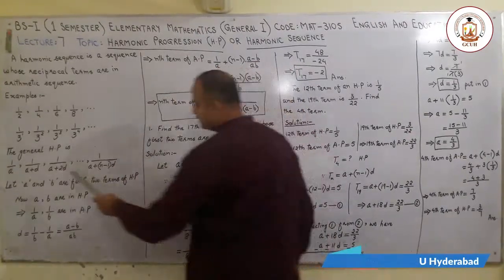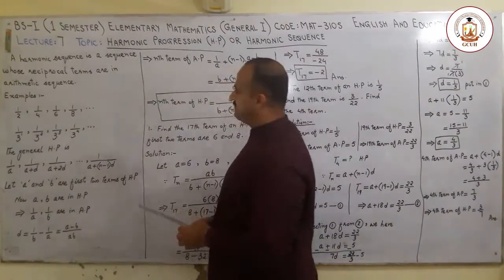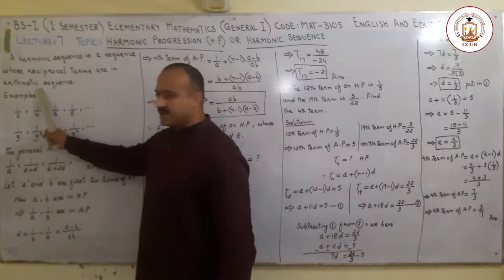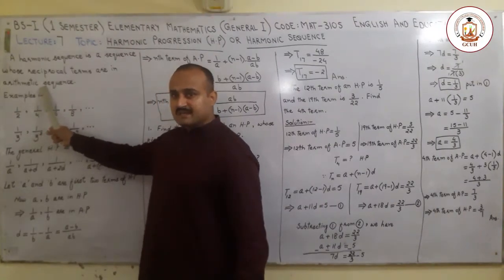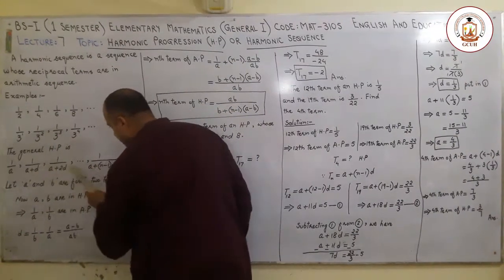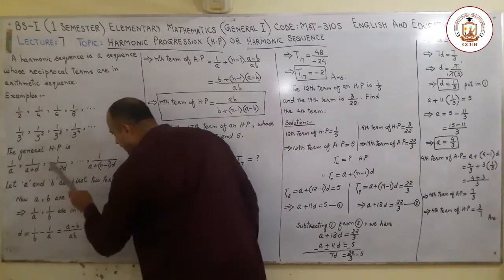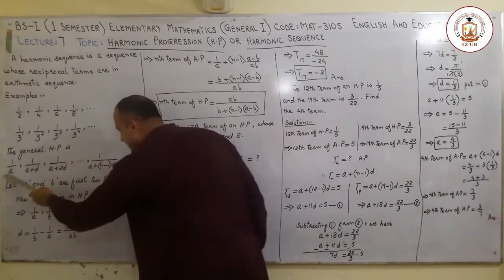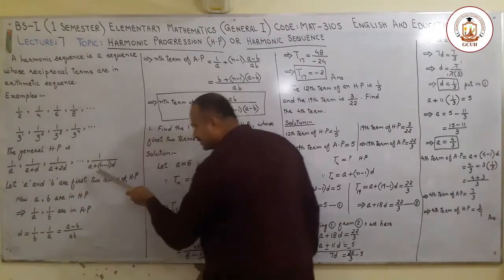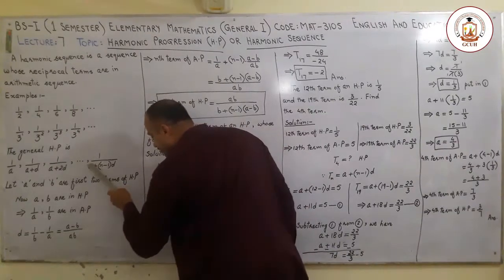Now we have general term of harmonic progression. As I have already cleared you that here we will use the terminology of arithmetic sequence in reciprocal form. So their denominators are the general form of arithmetic progression, which are a, a plus d, a plus 2d and so forth. So this is the general nth term of arithmetic progression.